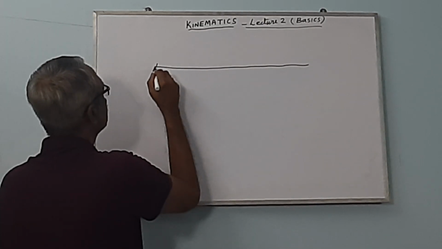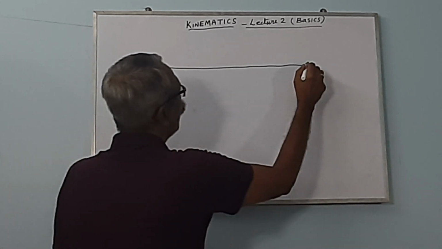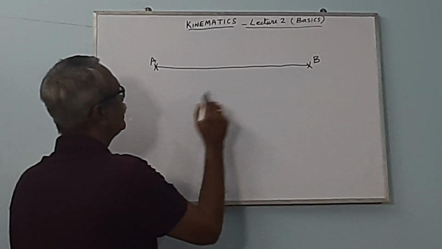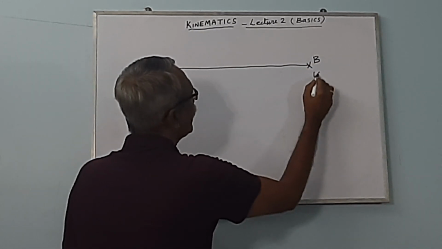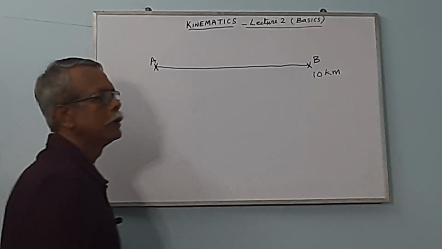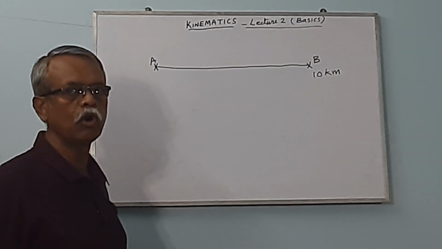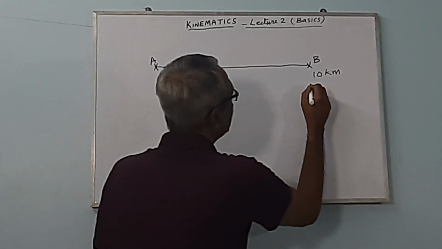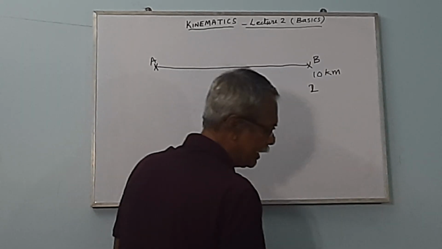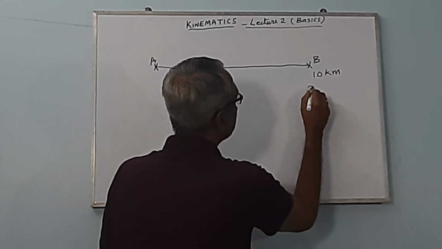A person starts from point A and walks to point B, and let this distance be 10 kilometers. The person walks from A to B, that is 10 kilometers, and takes 150 minutes, that is 2.5 hours for that.